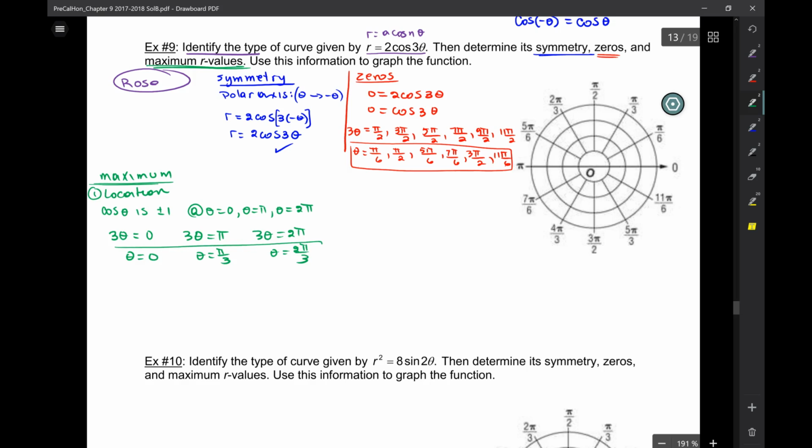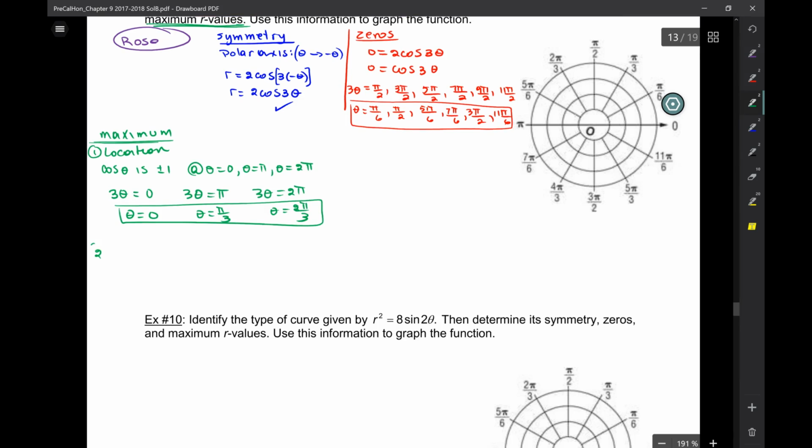So those are the locations. And number 2, we want to actually find the maximum R value, like the actual value. Okay. So at theta equals 0, cosine is positive 1, right? So here's how I do this.